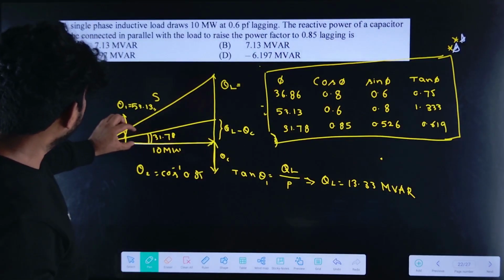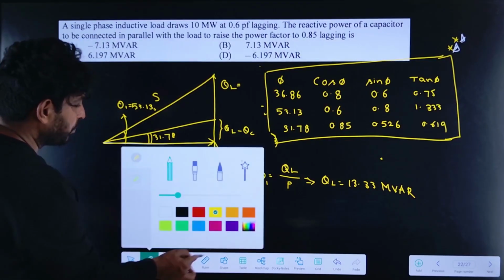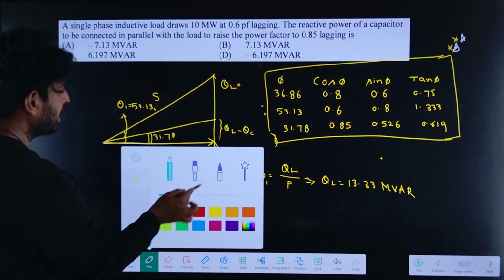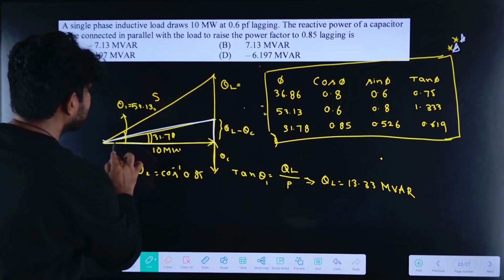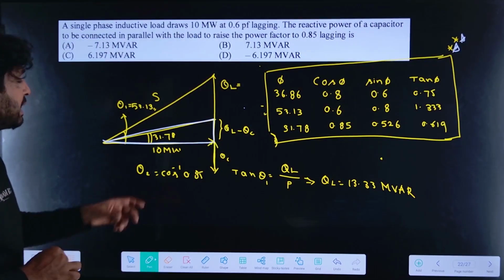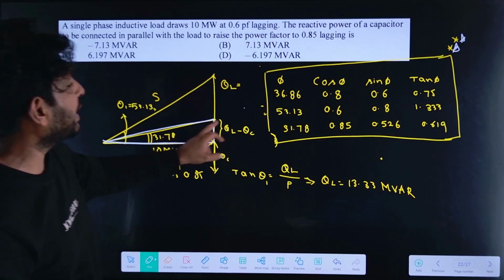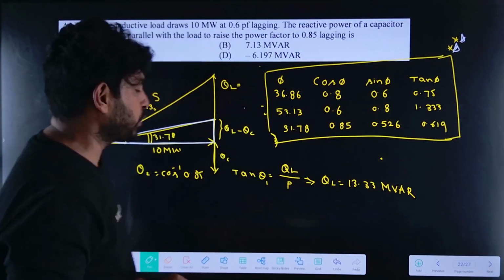Again, consider this triangle. What is tan theta 2? Tan 31.78 is 0.619.